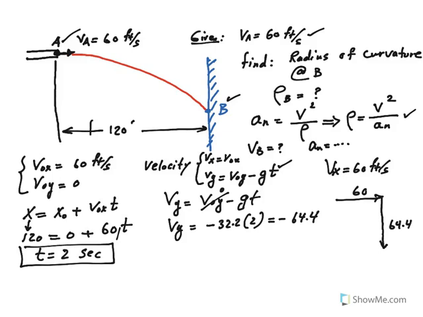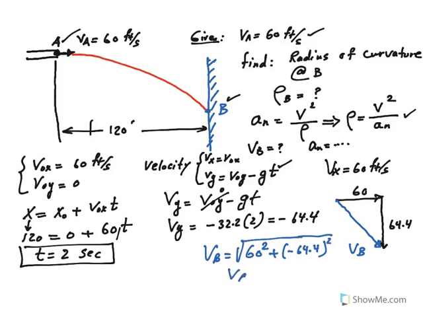So the velocity at B becomes the square root of 60 squared plus 64.4 squared, which is a little bit more than 88 feet per second. We'll just round it to 88 feet per second.